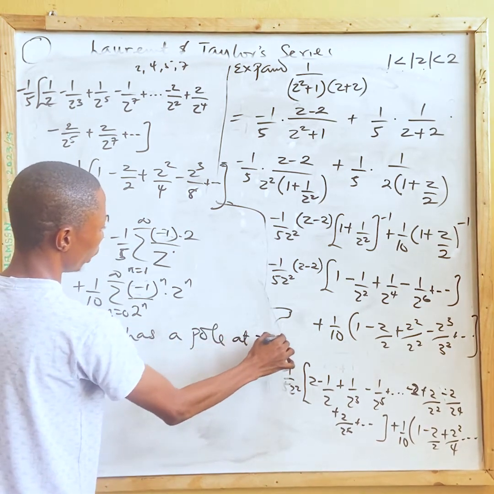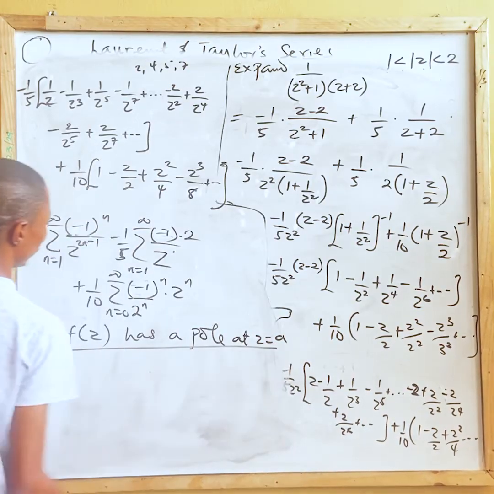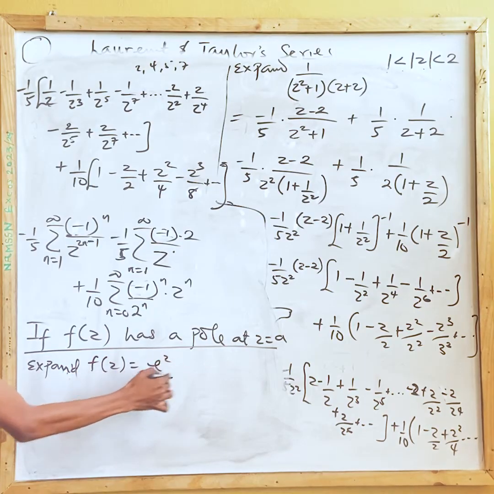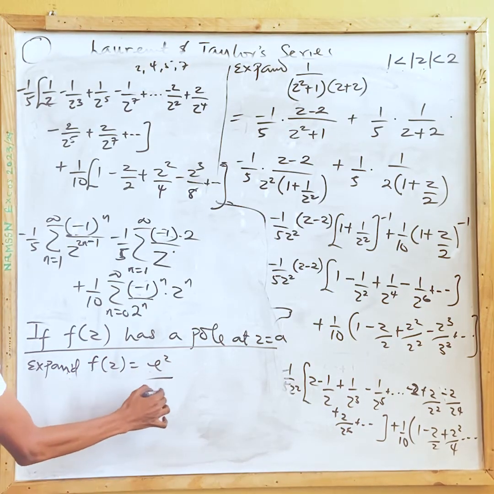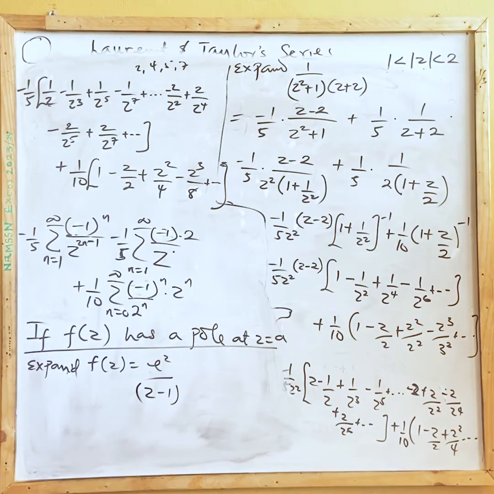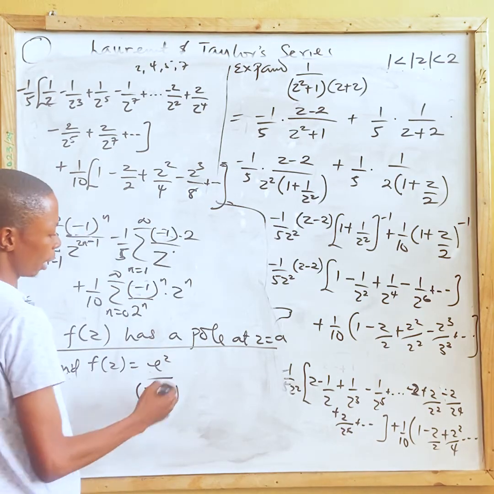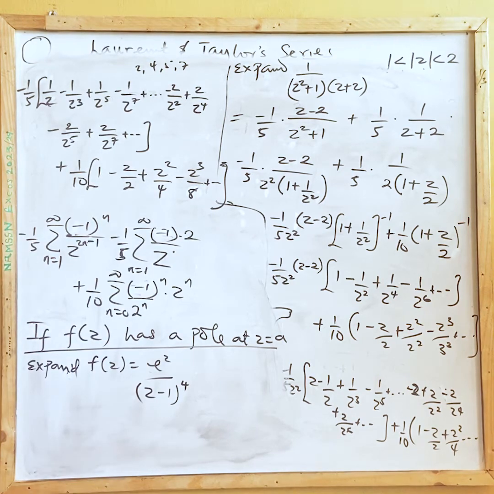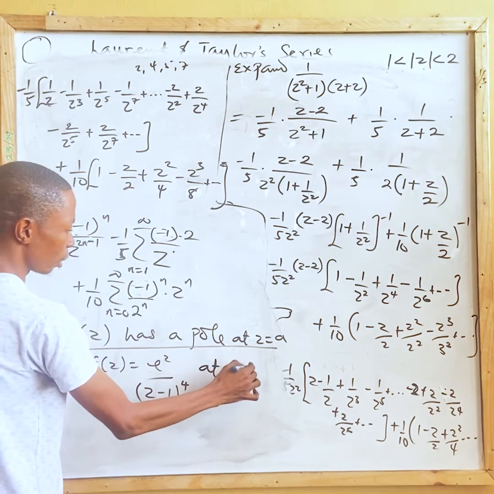Now, suppose we are asked to expand by Laurent series f of z equals e raised to power z divided by z minus 1, all raised to power what? Give it any power other than power 1. Let's say all raised to power 4. We want to expand e raised to power z over z minus 1 at where? At z equals 1.